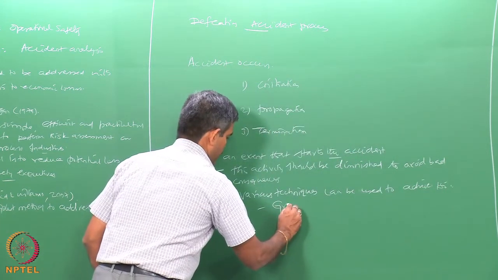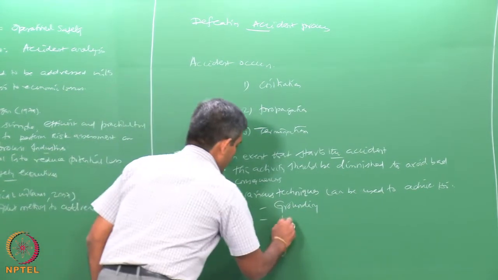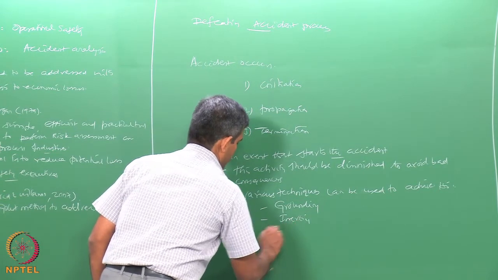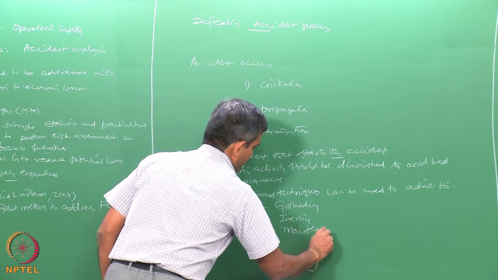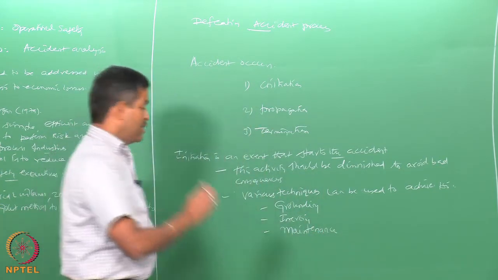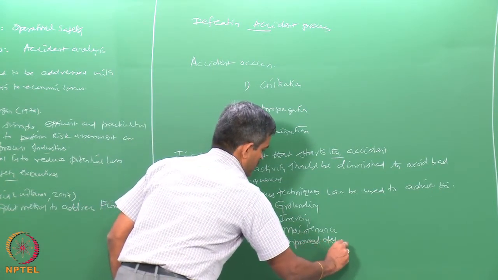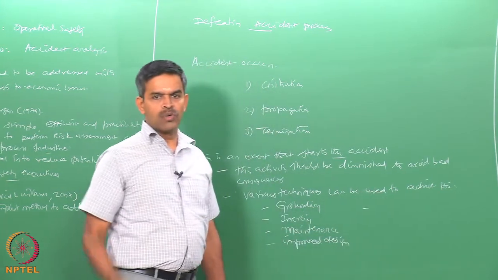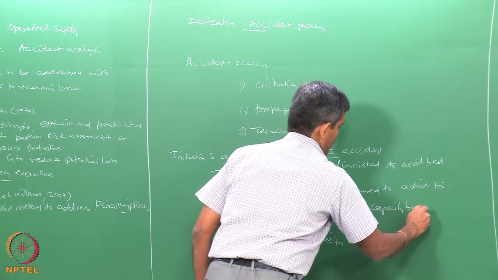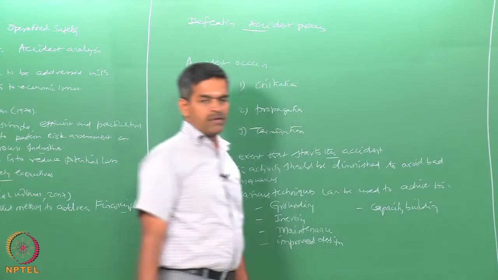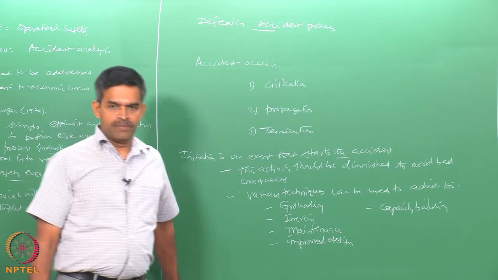Could be what we call as grounding, inerting, maintenance, proper maintenance or routine maintenance, improved design, and you can also do it by capacity building, that is continuous training offered to the safety personnel to avoid human error.